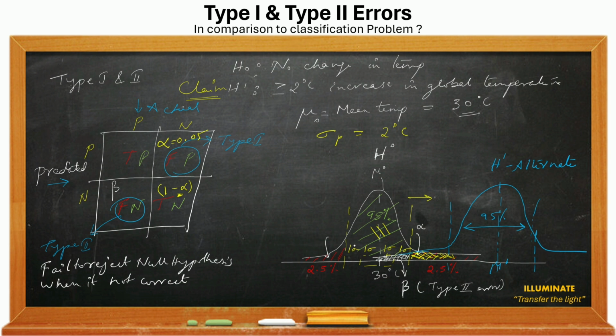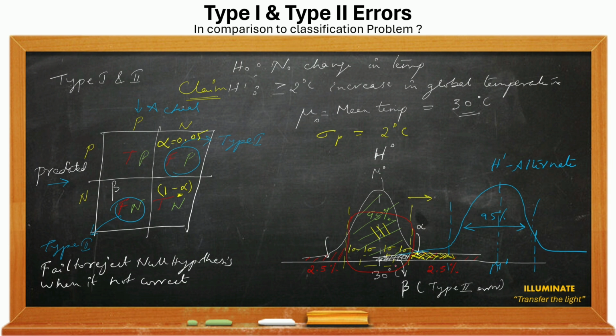So what are we saying in type 2 error? We are accepting the null hypothesis, right? See this zone, let us take some red color. This zone is the 95% confidence of the null hypothesis. That means we have accepted the null hypothesis, so we are failing to reject it. We are accepting the null hypothesis when it should have been the alternative hypothesis.